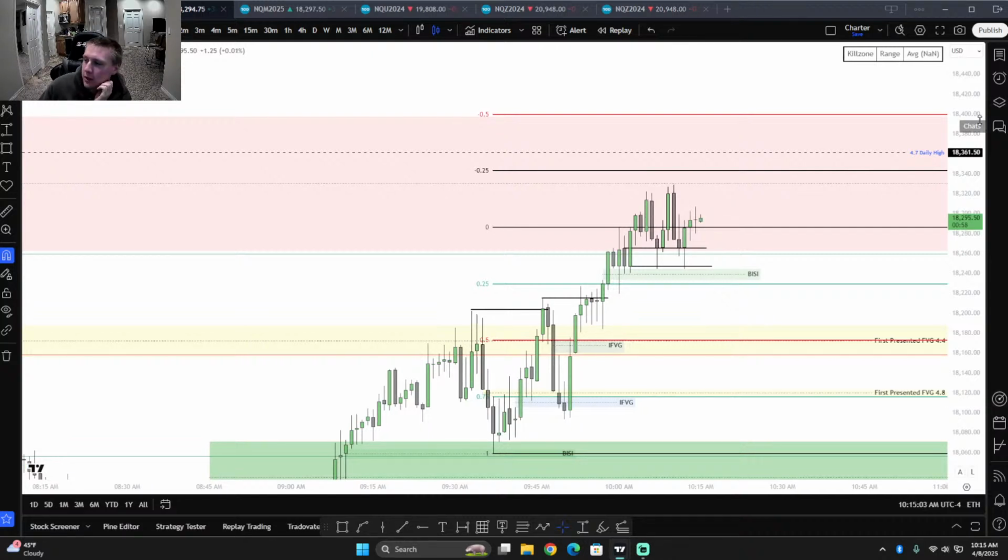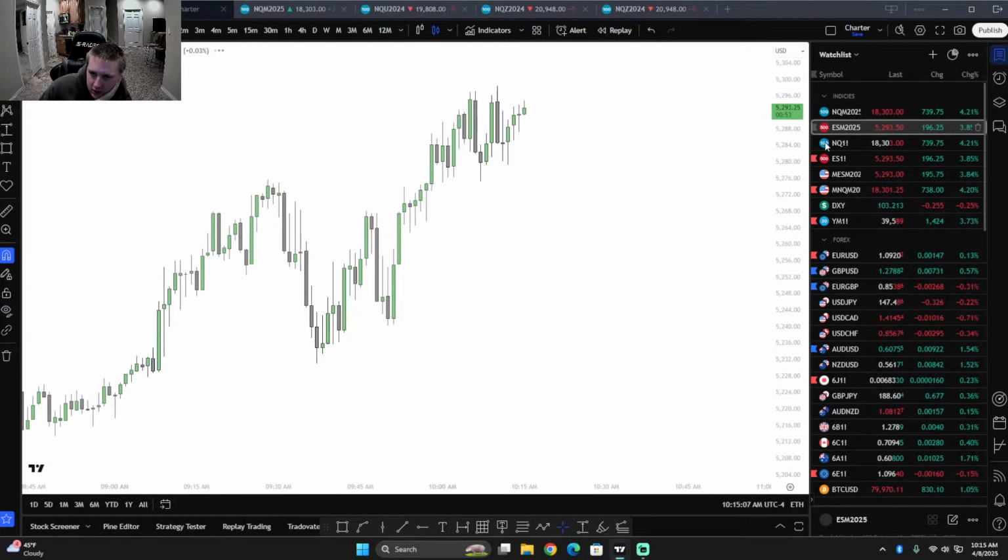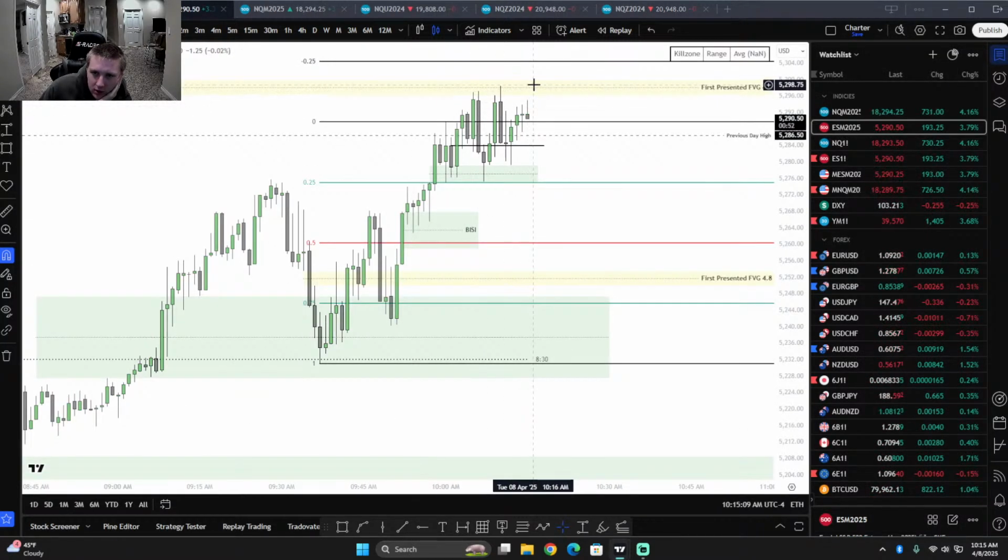Okay, if ES trades up into this, I don't expect to see another. If we respect this first presented fair value gap yet again on ES, I don't expect it. We've now hit it once, twice at consequent encroachment.